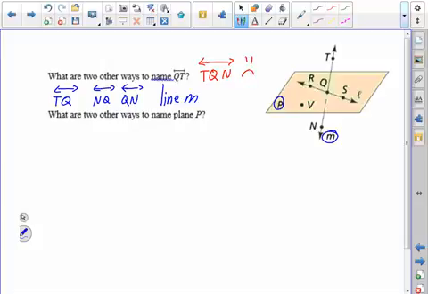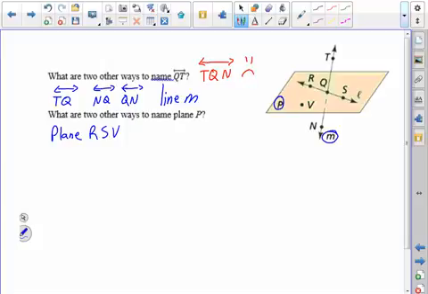So for instance, I could name it plane, let's say RSV. And I could name it with those 3 letters in any order that I wanted to. I could call it plane VSR. I could call it plane SRV, and so on. As long as I use those 3 letters in any order, because they're not on the same line, it works.